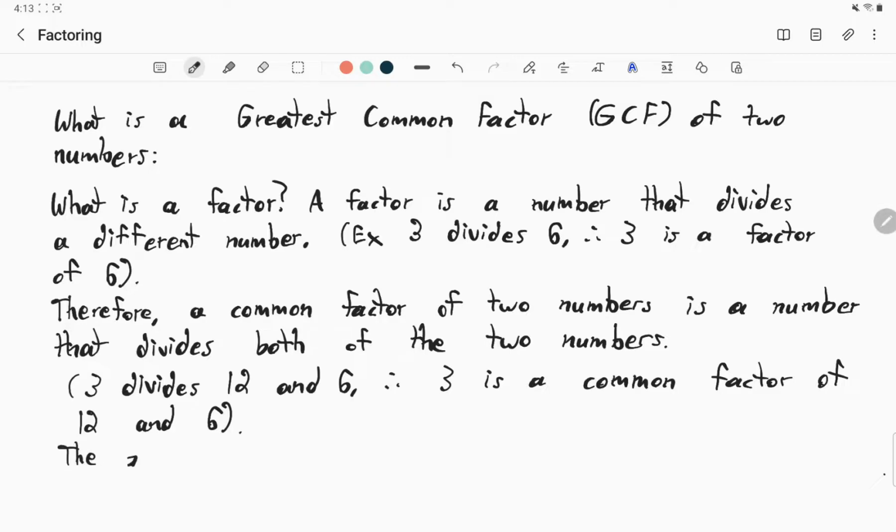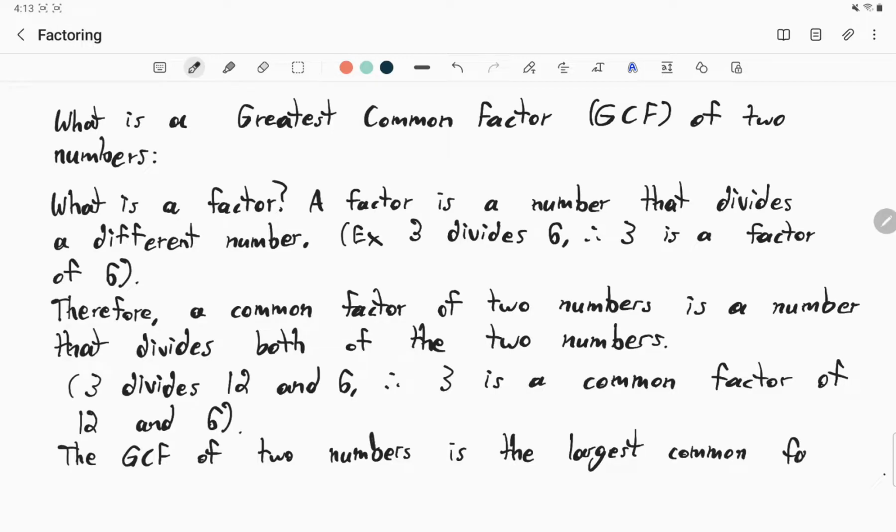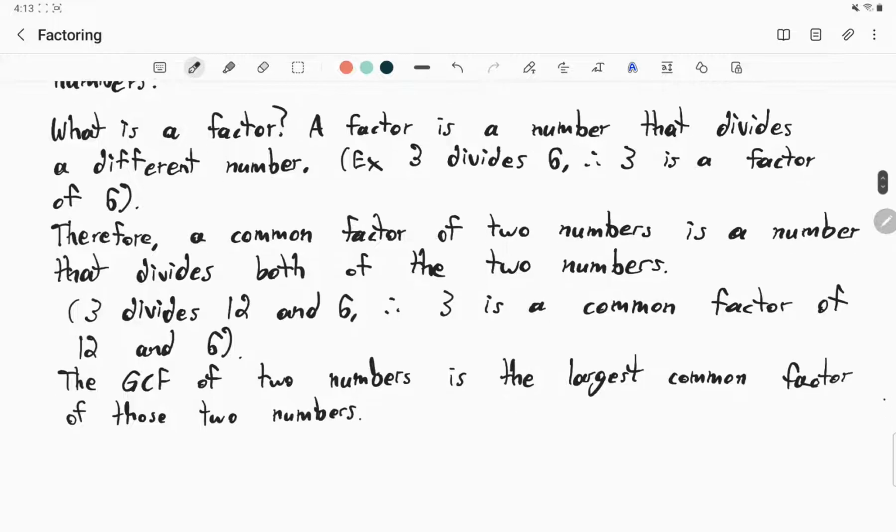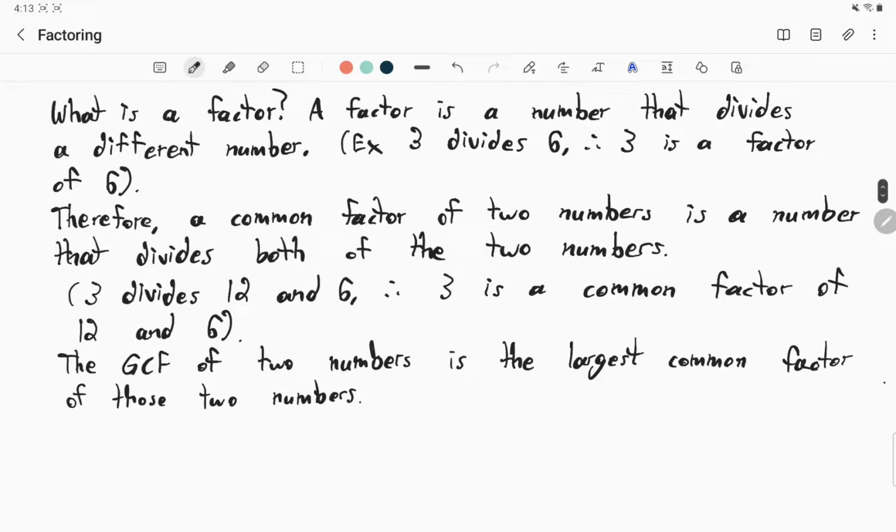The GCF of two numbers is the largest common factor of those two numbers. Boom, boom, boom. Love it.